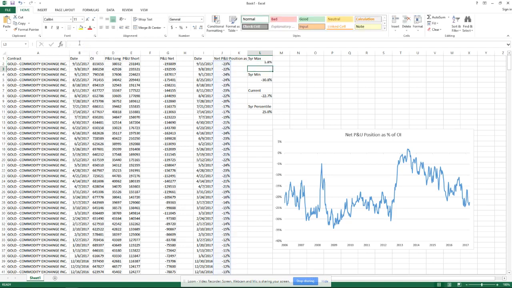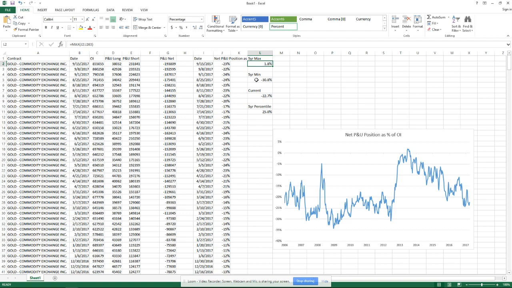This is looking at the max value for the net producer and user position as a percentage of open interest over the past 5 years. Over the past 5 years, the most bullish producers and users have ever been on gold was in early 2014, when they were actually net long.